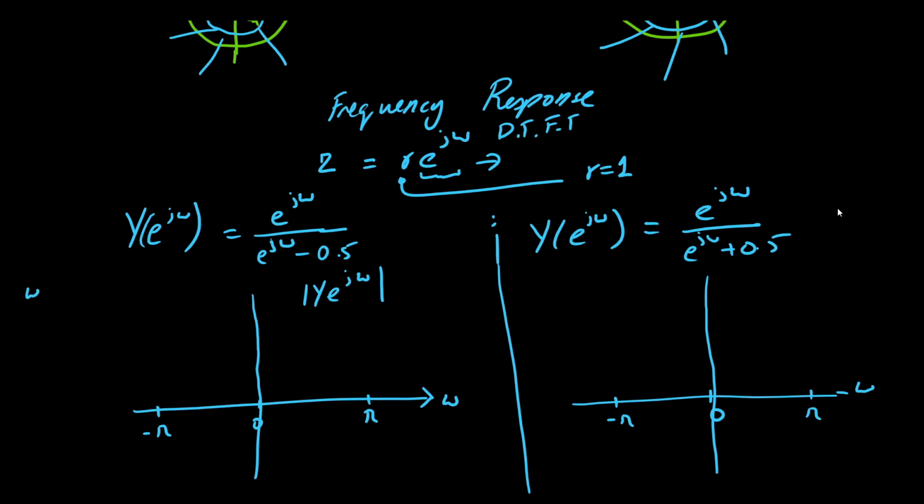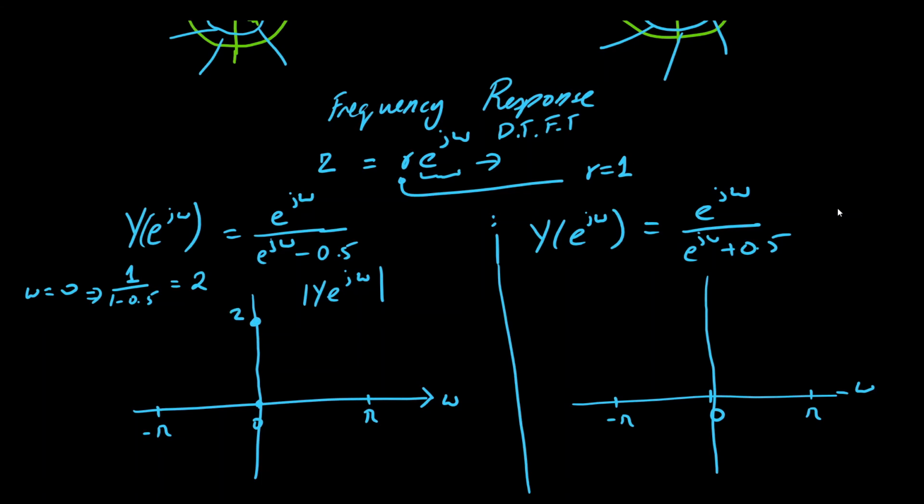So when omega is equal to 0, this would simply be 1 over 1 minus 0.5, so hence it would be equal to 2. At 0 the value is 2.